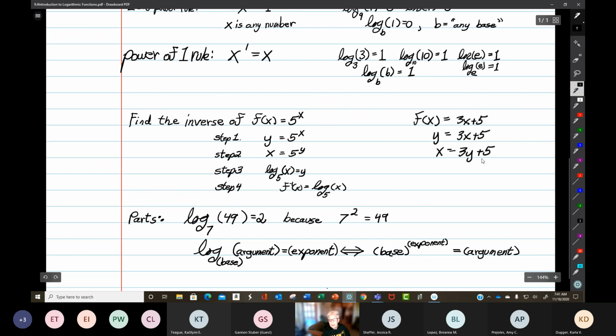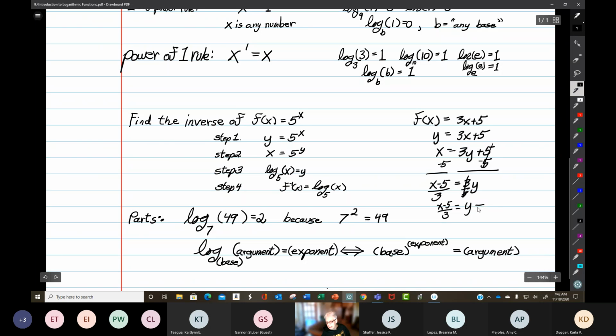Then you solve for y. So subtract 5, subtract 5. That'll give us x minus 5 equals 3y. The 5 minus 5 zeros out. Then divide by 3, divide by 3, so that y equals x minus 5 over 3.